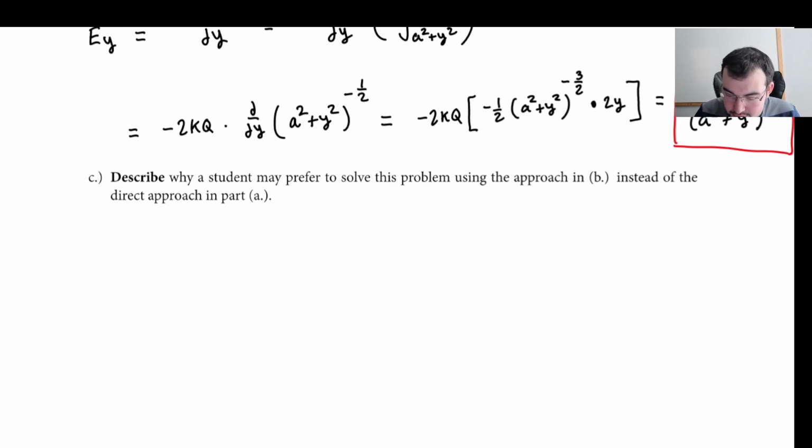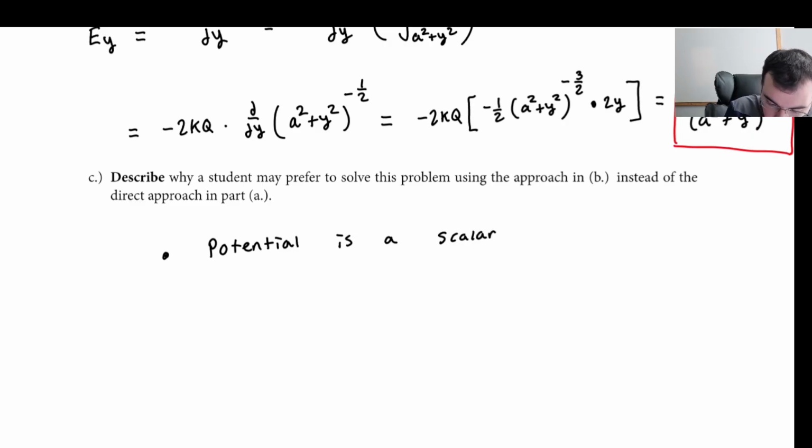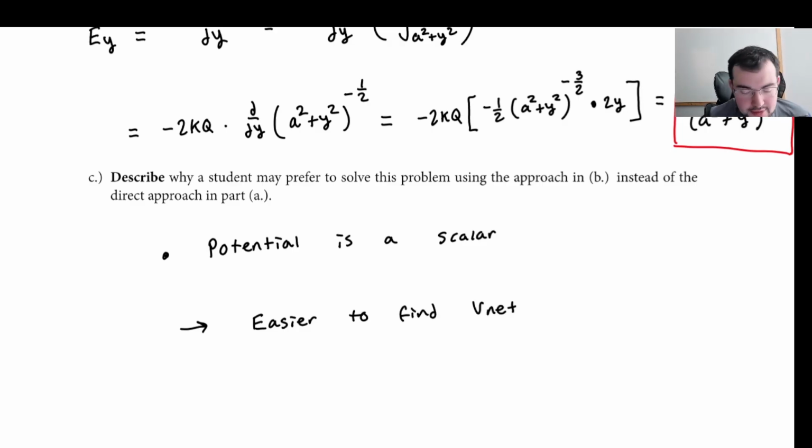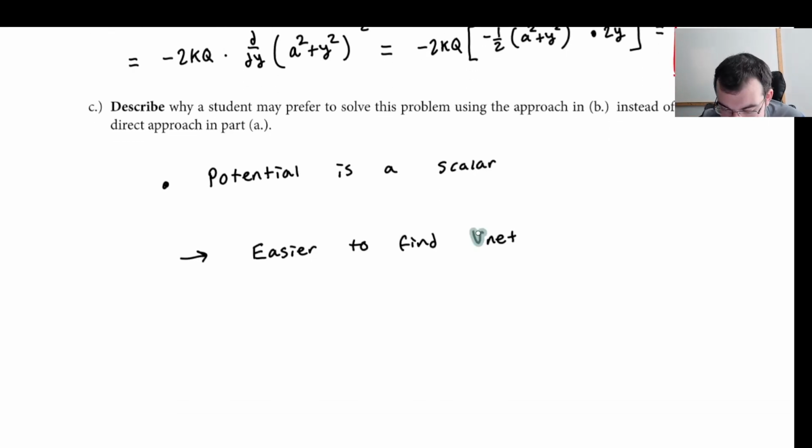So why might a student pick the approach in B instead of A? Well, potential is a scalar. So it is easier to find the net. It is easier just to find the net potential.